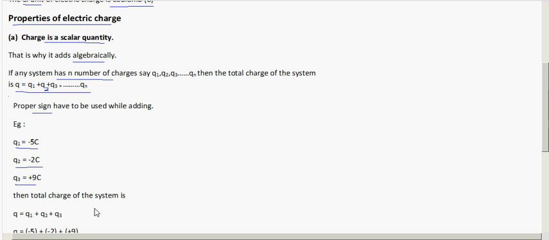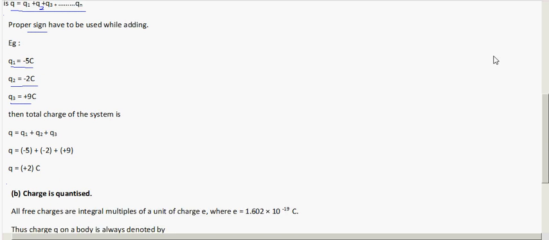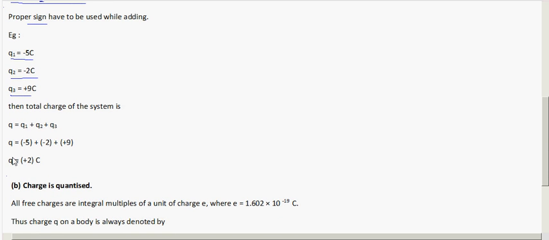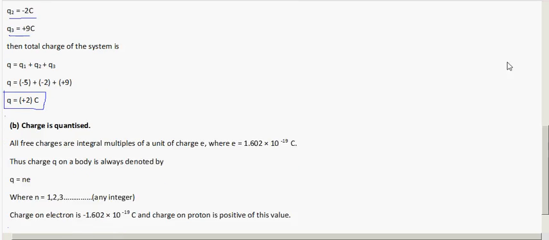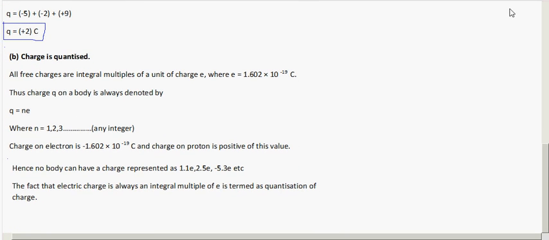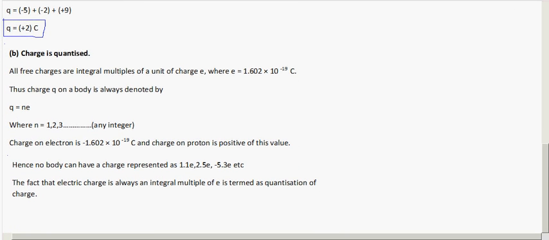etc. up to Qn. The important thing we have to consider is that when we add, we have to take the proper sign, because we have two kinds of charges, positive and negative. Let us take an example of a system which has three charges. Q1 is minus 5 coulomb, Q2 is minus 2 coulomb, Q3 is plus 9 coulomb.